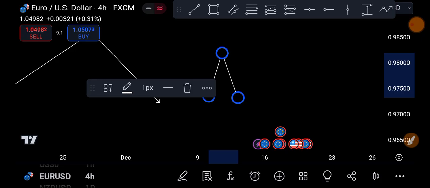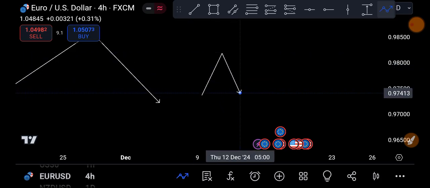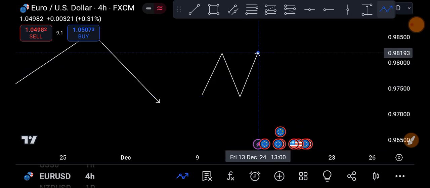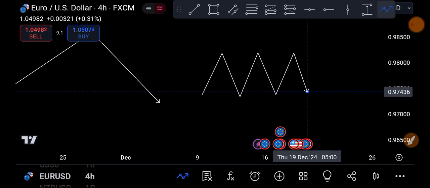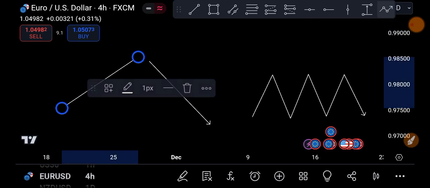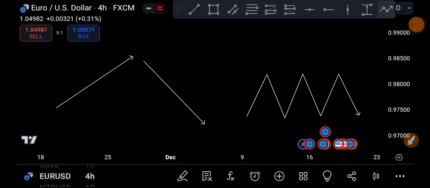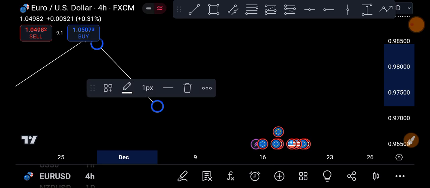You can't tell that price is going up or down, it's moving sideways. Now I'll explain to you properly later, don't worry.